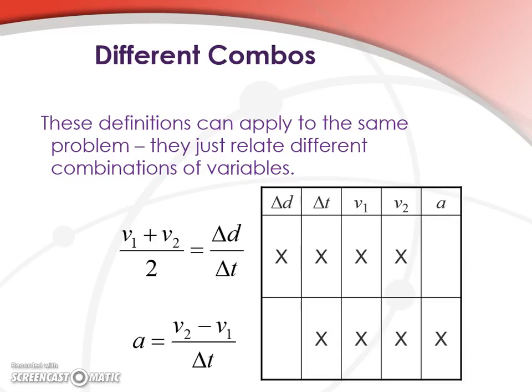Okay, but we can do this for virtually any problem, and we can keep in mind that as long as we have a constant acceleration case, both these expressions apply to any given system. And we can say that our first expression covers everything except acceleration, and our second expression covers everything except distance or displacement.